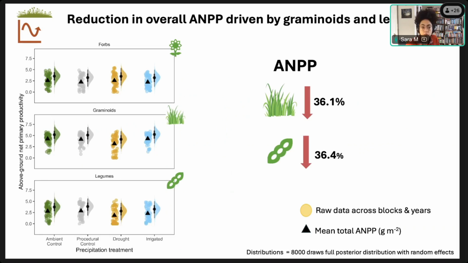Thinking about productivity again, which functional groups were driving that reduction? It was graminoids and legumes that contributed the most to that reduction in productivity.